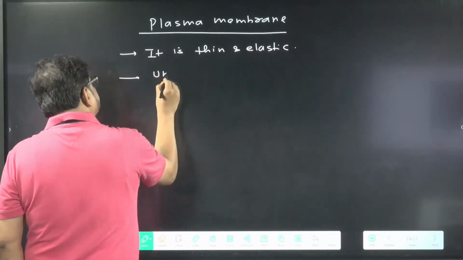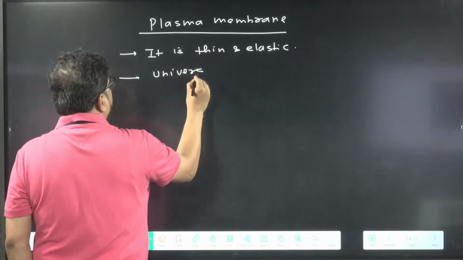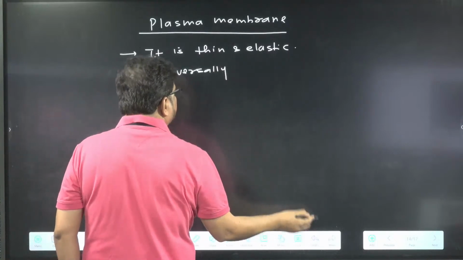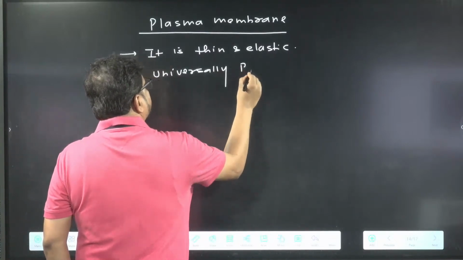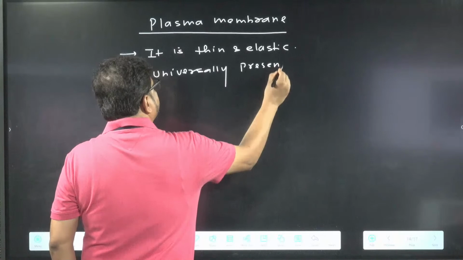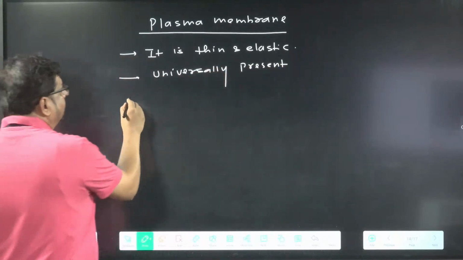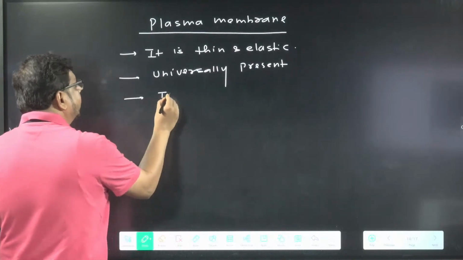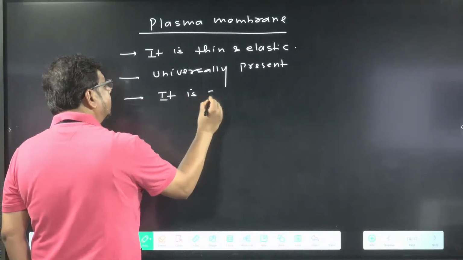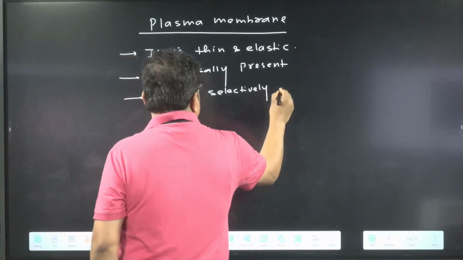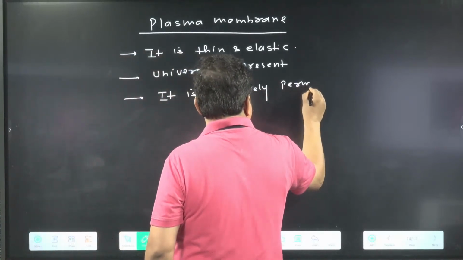It is universally present. Not any single cell is there where plasma membrane is not there. It is universally present in every cell: plant cell, animal cell, prokaryotic cell, eukaryotic cell. It is a selectively permeable membrane.